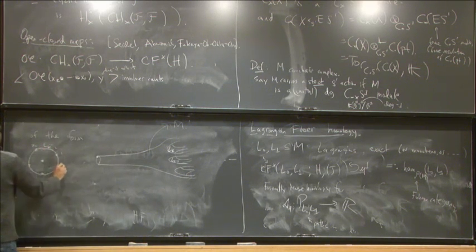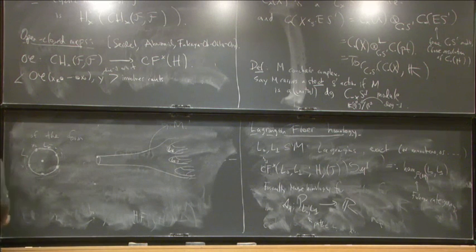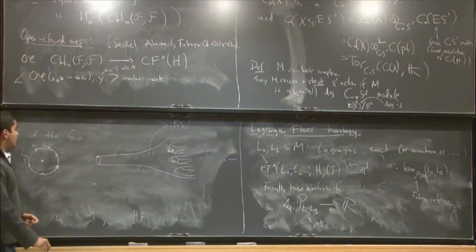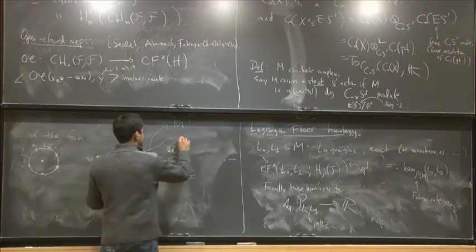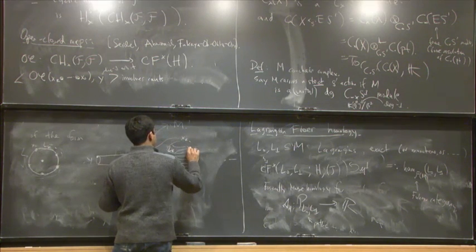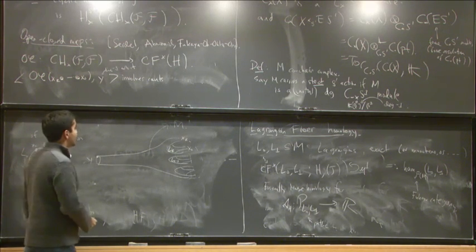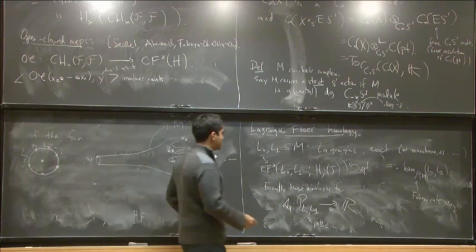So maybe the right thing to say is I'm going to look at maps from this punctured surface into M, whose boundaries lie on the Lagrangians that these morphisms belong to, satisfying some gradient flow equation that specializes to Floer's equation on each end, and with the correct asymptotics. Okay, so I can define such a thing. I get a map, and so now we can get to the main point.